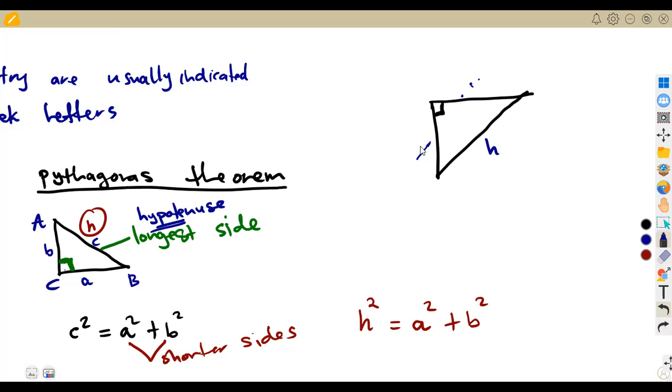So it does not matter whether I take this as my a and this as my b, or the other way around. What matters is that I have the hypotenuse, which is the longer side that is opposite to the 90 degrees. So if you write this in terms of c, understanding that c represents the hypotenuse, here you're going to write it as c.